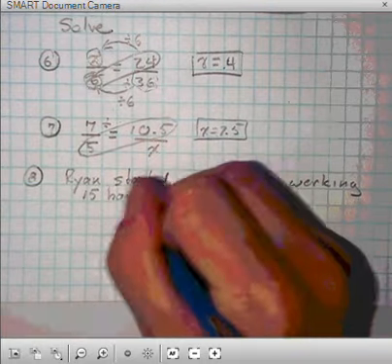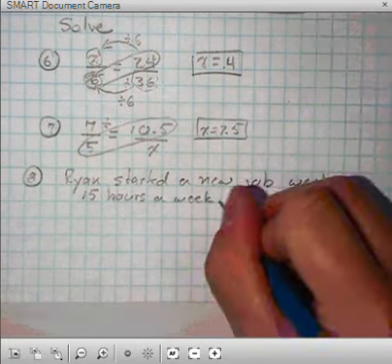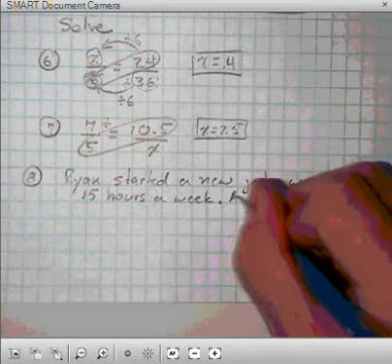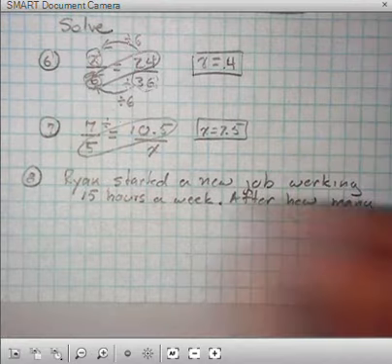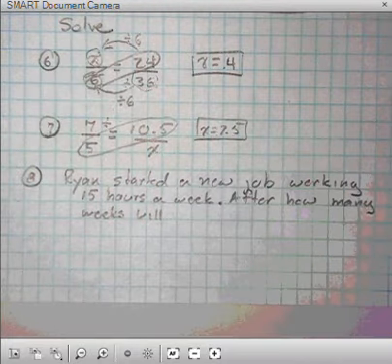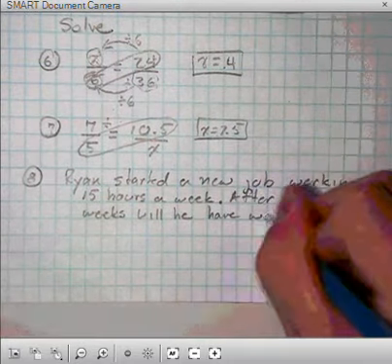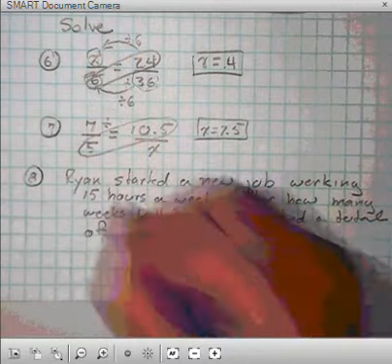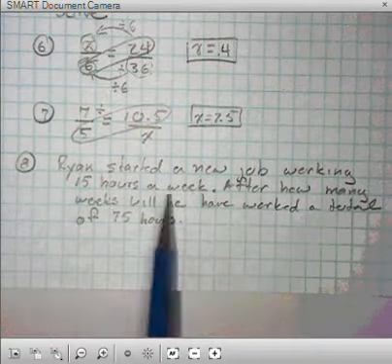He works 15 hours a week. All right, so Ryan started a new job working 15 hours a week.